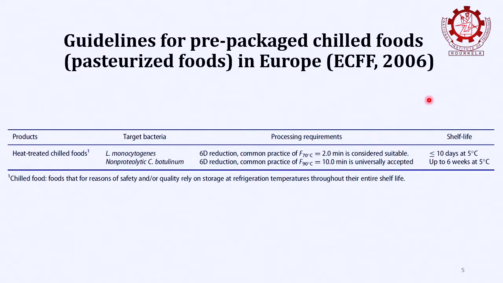This anaerobic spore could germinate at refrigeration temperature if it survives after 10 days. It takes a minimum of 10 days to germinate. So that's why the shelf life is 10 days, because you have not killed that spore.